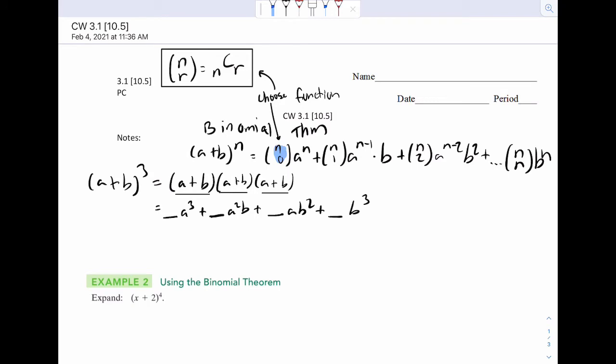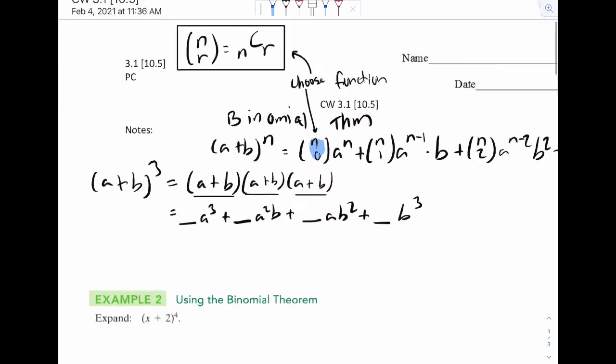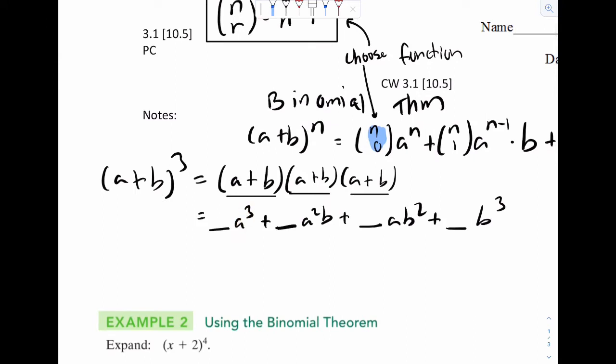Now the way it works here is to figure out how many A cubes there are. We'll first think, okay, there are three baskets, so I want 3 at the top. And let's think, how many A's was I choosing? Well, I want 3 A's, so 3 choose 3. For the next one, there are 3 baskets and I want to pick 2 A's, so 3 choose 2.